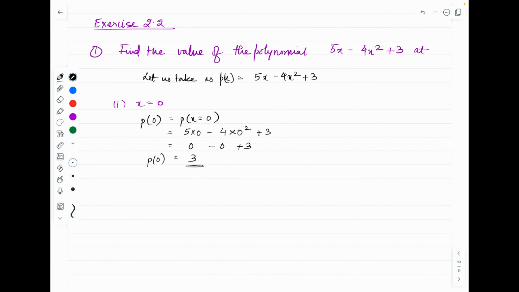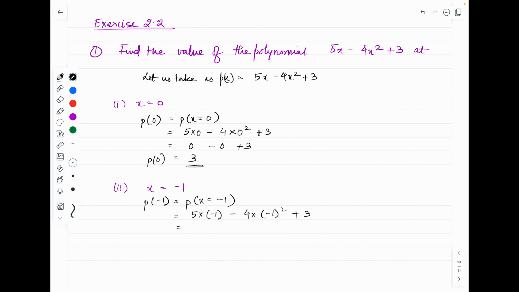You are getting it? Now the second question is x equals to minus 1. x equals to minus 1 means we have to find p of minus 1. So 5 into x means 5 into minus 1, minus 4 into x square means minus 4 into minus 1 square, plus 3.